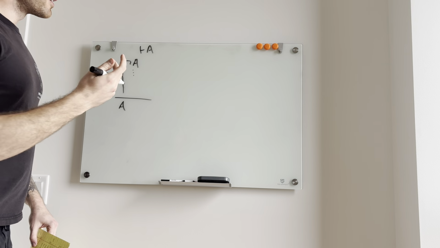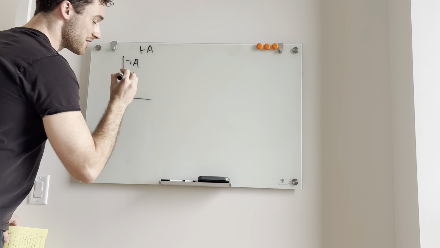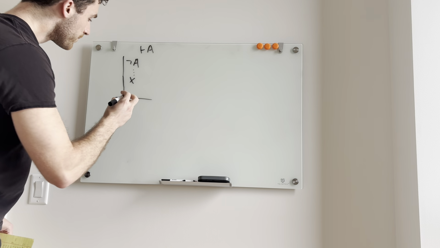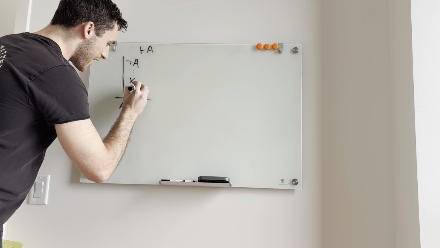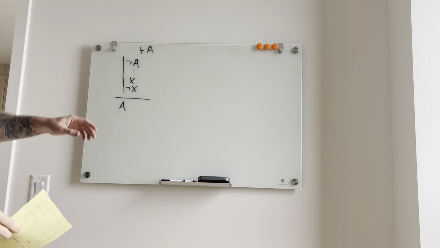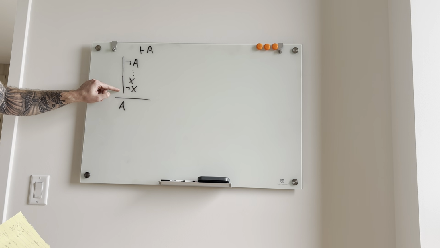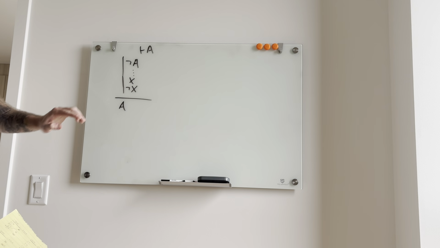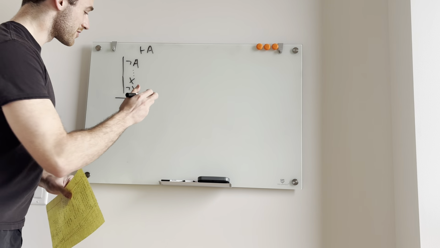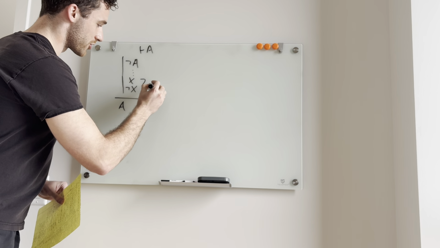Well, it's going to look like this. You're going to have some sentence here. It doesn't matter what it is. And then right next to that, you're going to have the negation of that sentence. But a sentence can't be true and false at the same time, right? So this is what your contradiction is going to look like.